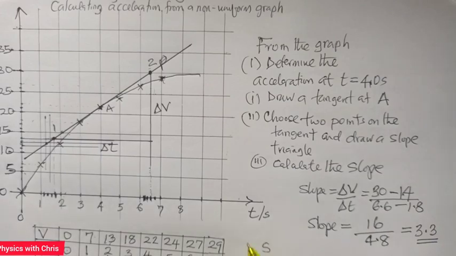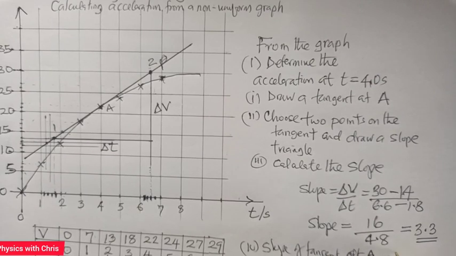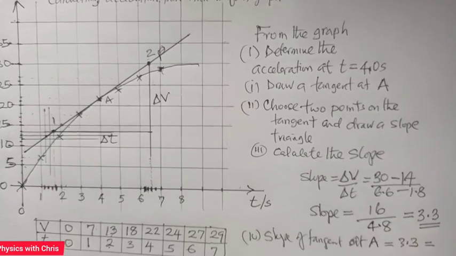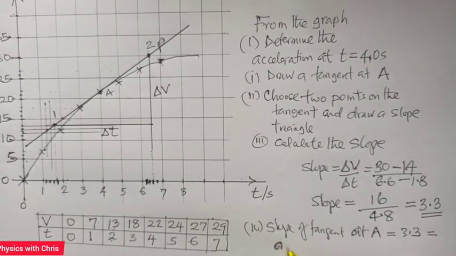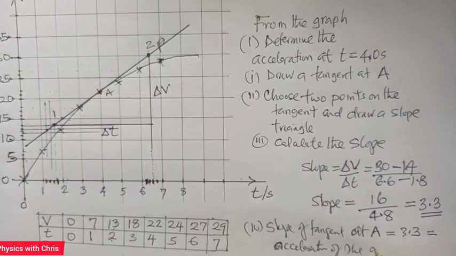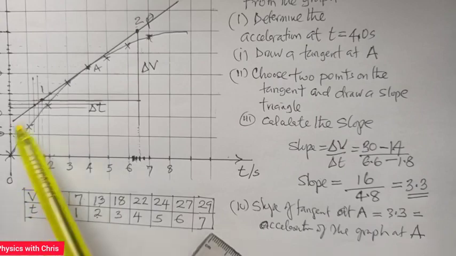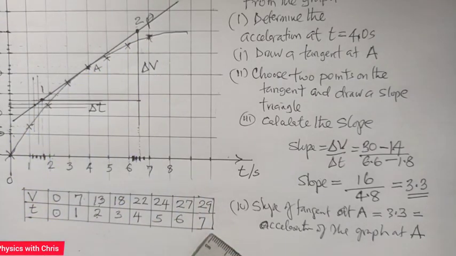And finally, the slope of the tangent at point A, which is 3.3, is equal to the slope of the graph at the same point A. So the slope of the tangent at A, which is this straight line I drew touching point A, is equal to the slope of the curve of the non-linear velocity-time graph at the same point.